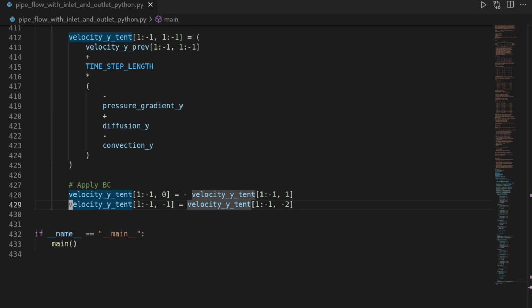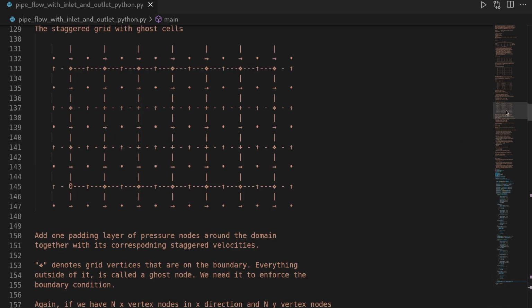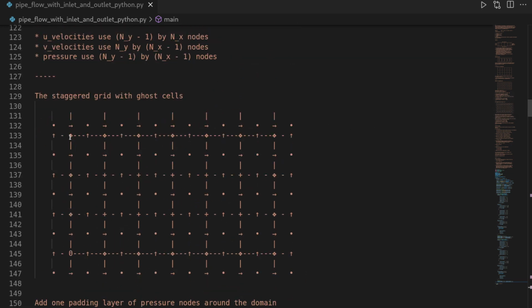And then we still have to set the boundary conditions at the top and bottom edge. So go up to our staggered grid. And here, fortunately, we see that these are on the wall. And if you ask yourself, how about this one here, which is not on the wall, you have to think that you can think of it as an extension of the wall. And the special thing about this velocity and also this one and this one and this one is that they are not associated with any computation.